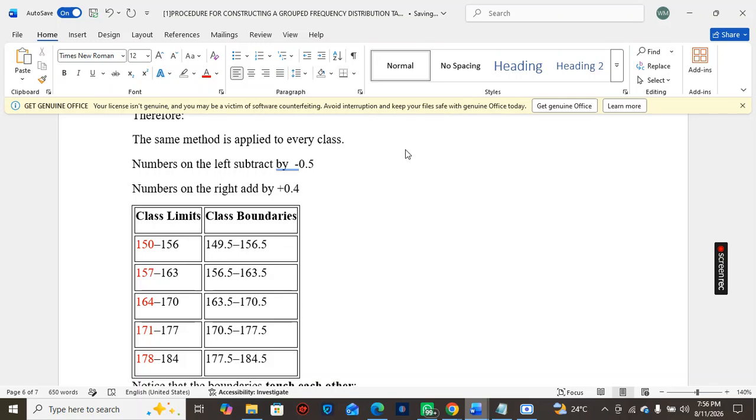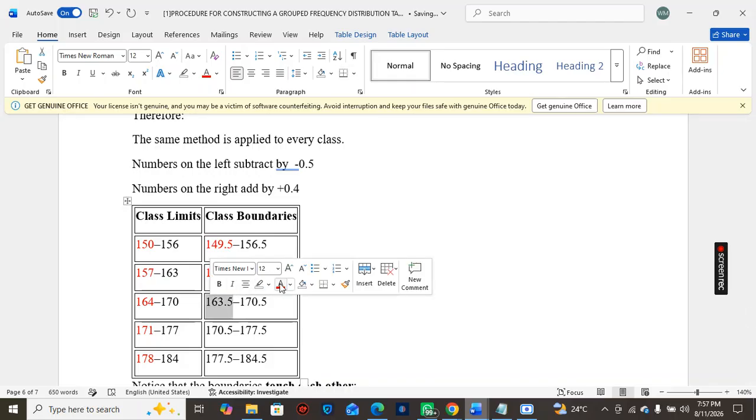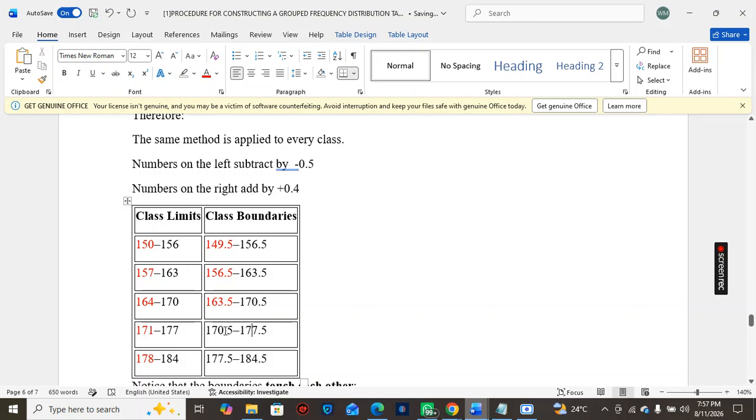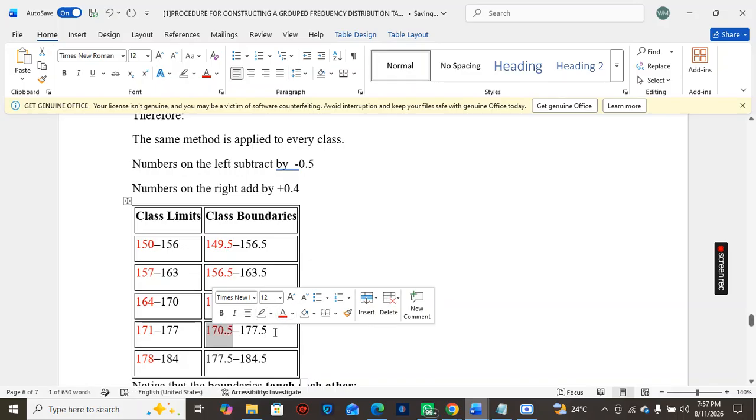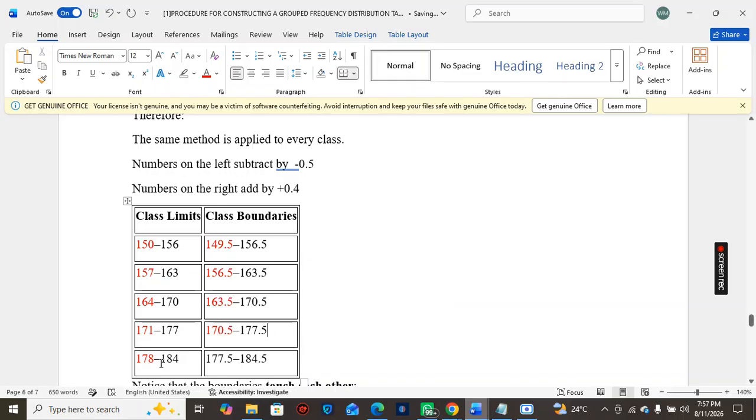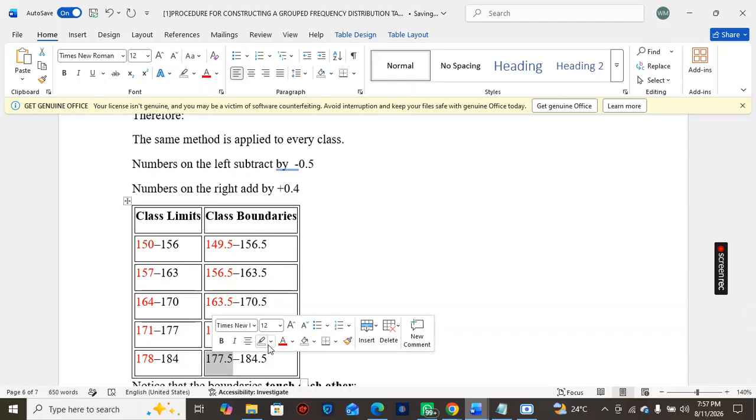So you say 150 minus 0.5, 149.5. 157 minus 0.5, 156.5. 164 minus 0.5, 163.5. 171 minus 0.5, 170.5. 178 minus 0.5, 177.5.